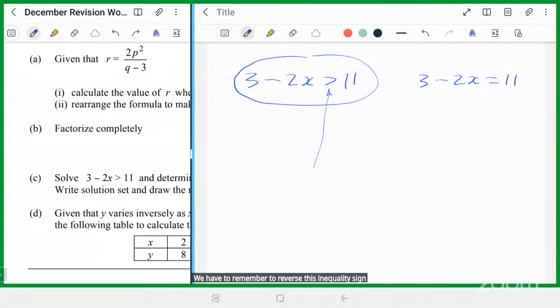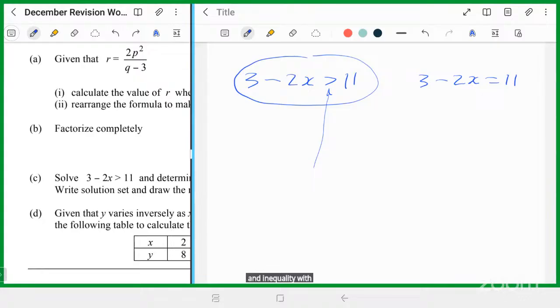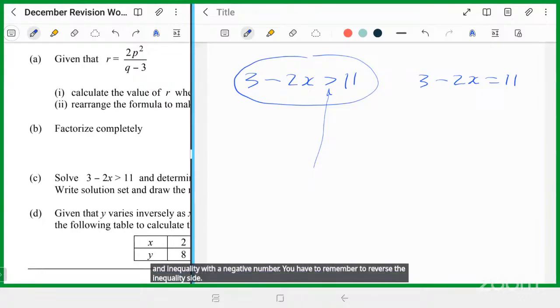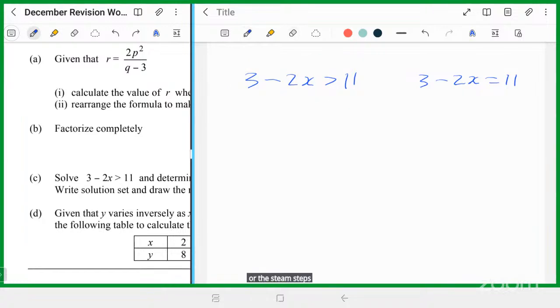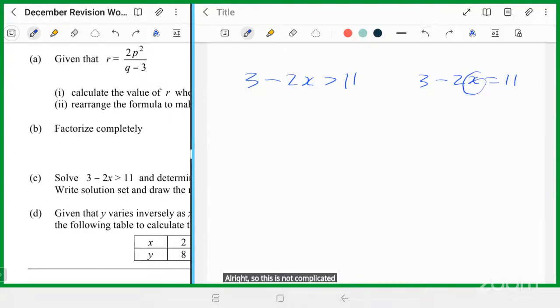When you divide or multiply an inequality with a negative number, you have to remember to reverse the inequality sign. But it's almost the same steps as trying to make x the subject from this equation. Same steps. Alright, so this is not complicated. Just remember to reverse the inequality sign if you have to multiply or divide with a negative number.